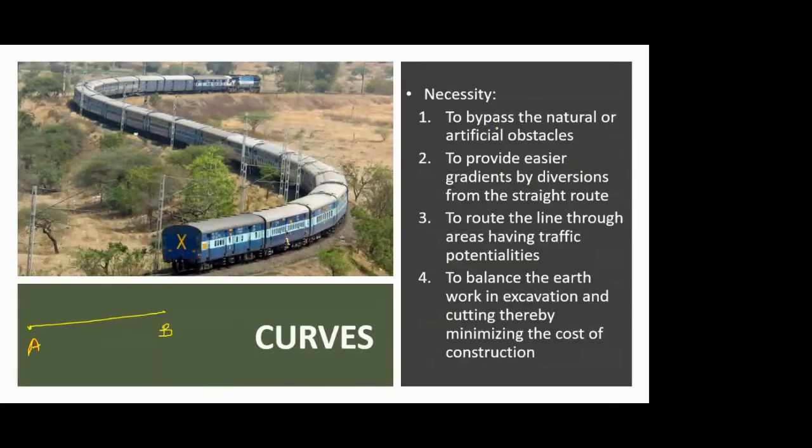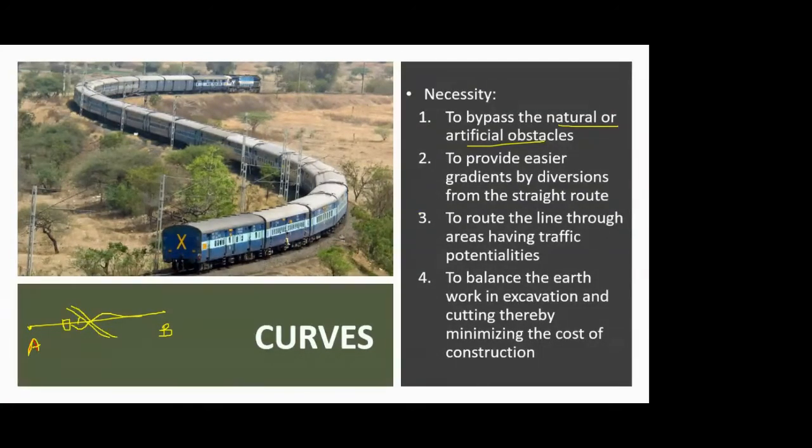Maybe there is a natural or an artificial obstacle. Natural obstacle as in there might be a pond in between, a natural pond, okay? Or there might be a river. In case it's a river, you cannot cross a river at some angle, you have to cross it at 90 degrees. So in that case you might be going like this.